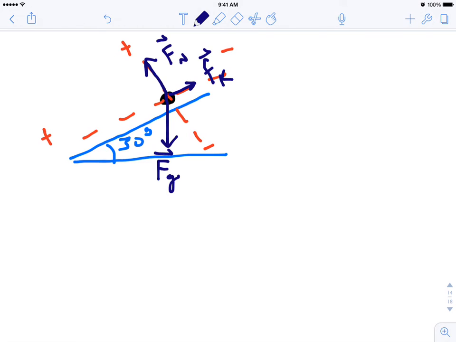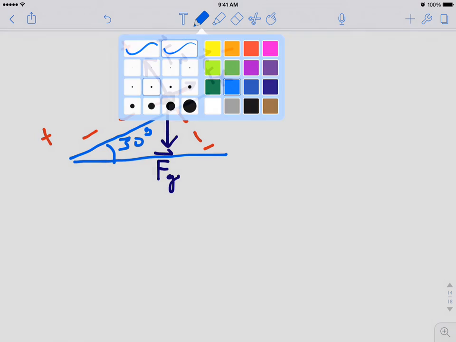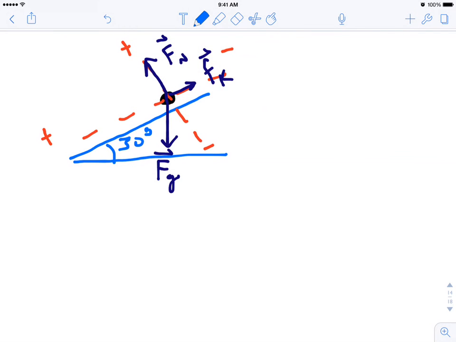Now what I want to do is apply Newton's second law. We're going to say that the sum of the forces on our y-axis is 0 because the turkey is not accelerating in the positive y direction and it is not accelerating in the negative y direction.